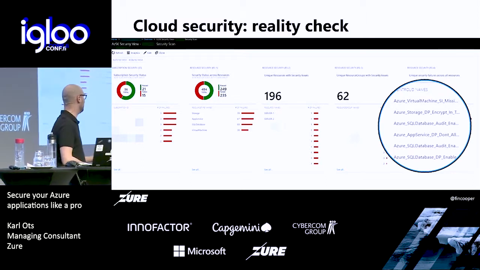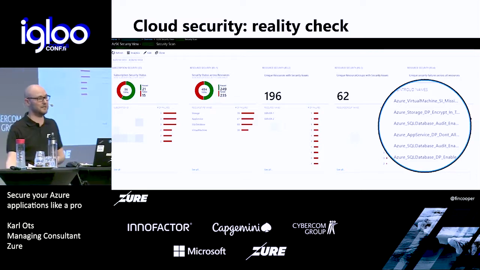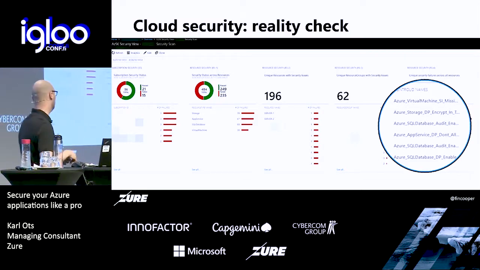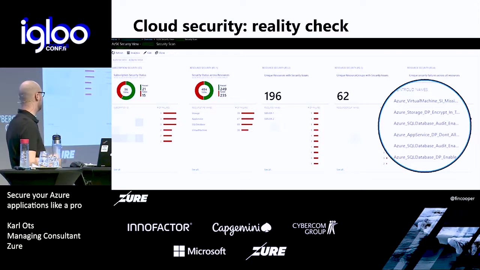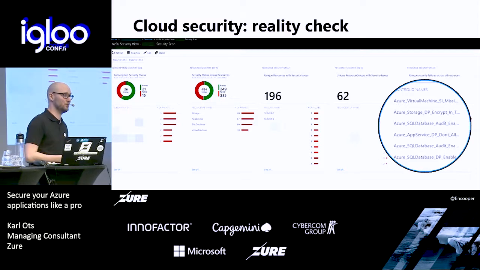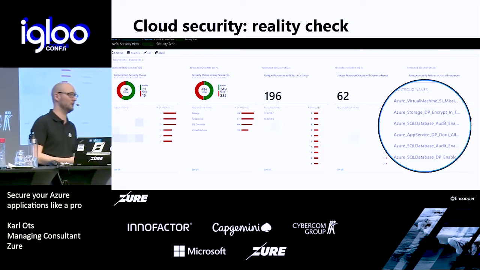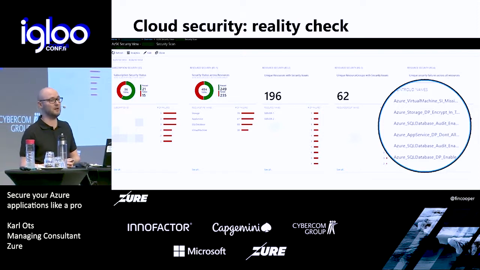Missing updates, auditing not enabled on a SQL database level, only on the server level, app service allowing HTTP connection, very basic stuff. Sometimes even a tick in the box exercise in the Azure world, maybe in the traditional world as well.